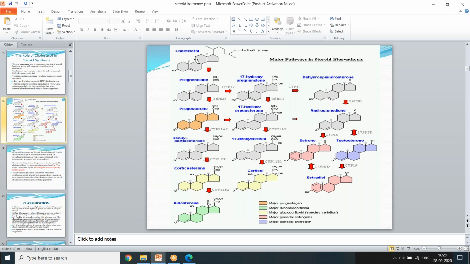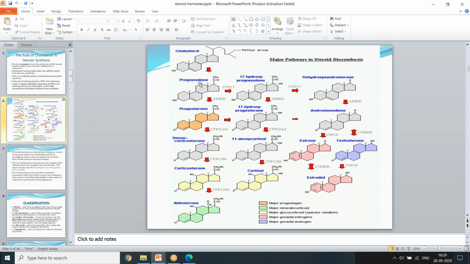Okay, so here you have the cholesterol. This cholesterol is obtained from acetyl-CoA in the de novo synthesis, which is also called the mevalonate pathway. And this cholesterol is converted into what is called pregnenolone.